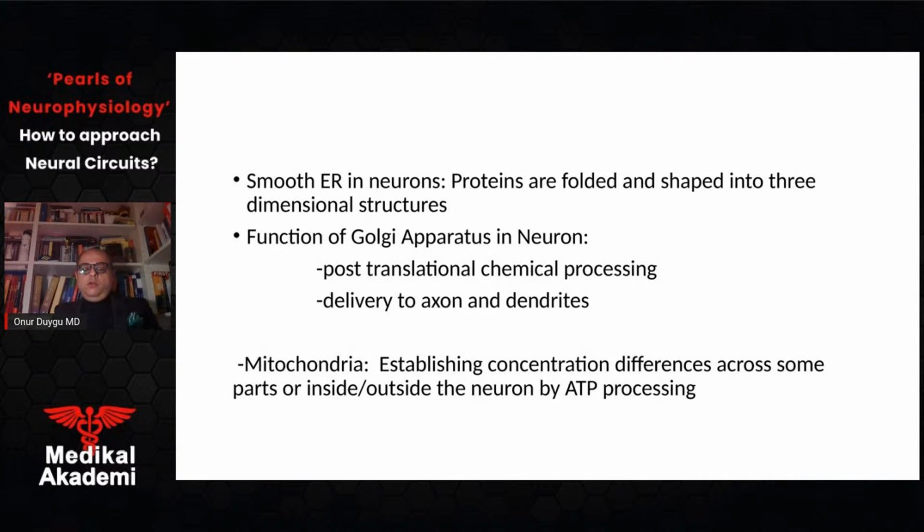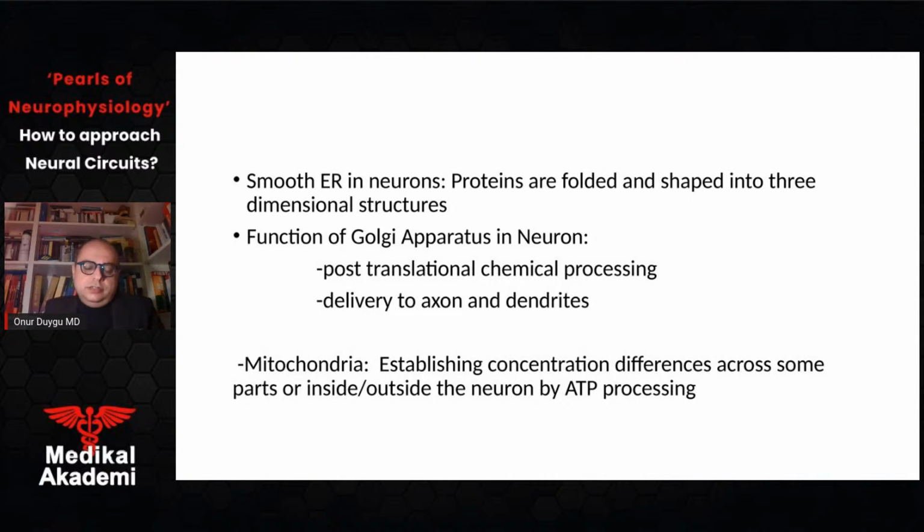How about organelle organization within the neural structures? Smooth ER in neurons works for protein folding. Proteins are folded in it and shaped into three-dimensional structures. The function of the Golgi apparatus in the neuron is post-translational chemical processing and delivering the package to axons and dendrites through axonal transportation.